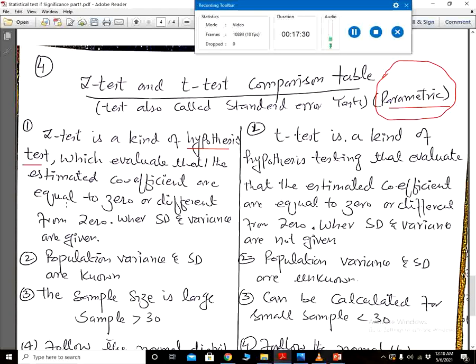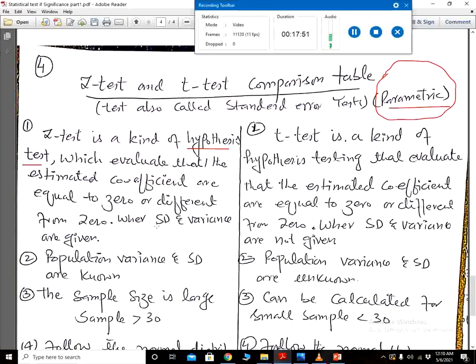If it is proved through hypothesis testing that the estimated coefficient is equal to 0, for example beta 1 hat is equal to 0, then we state that the x variable, the independent variable, is statistically insignificant in affecting the dependent variable.